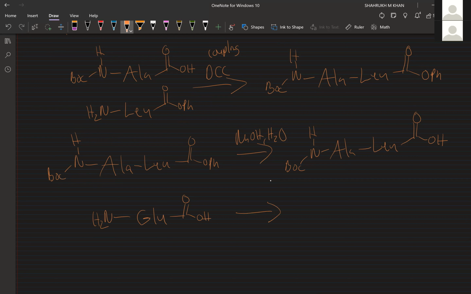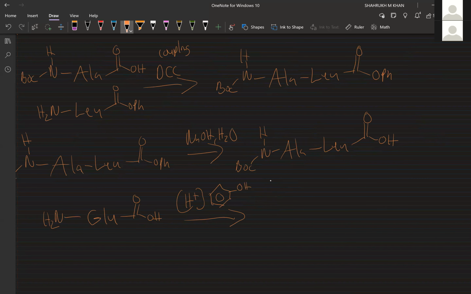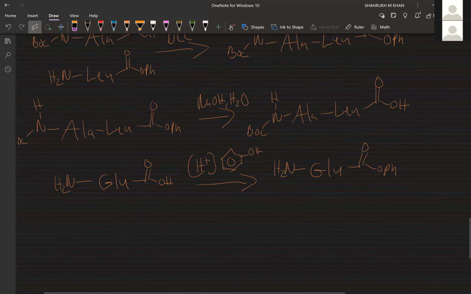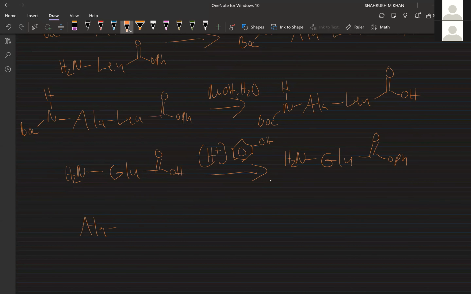So we could do the same thing again, H plus, and we'll use phenol again. Now we have a C protected glutamate. And we have this side opened. We could take these two things again. So ALA, LEU, it's still N protected.